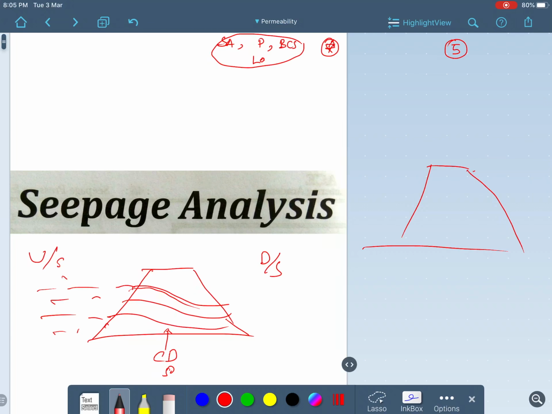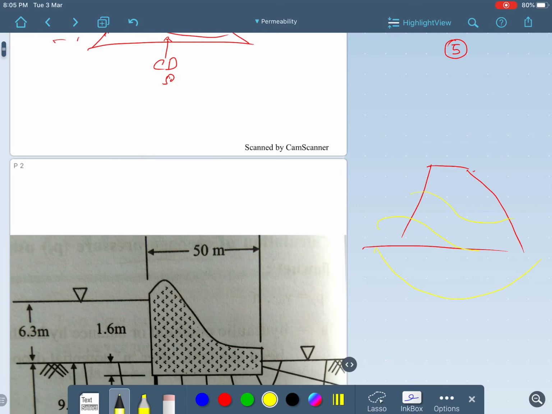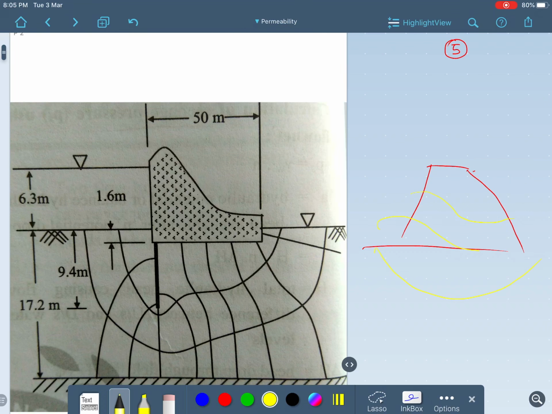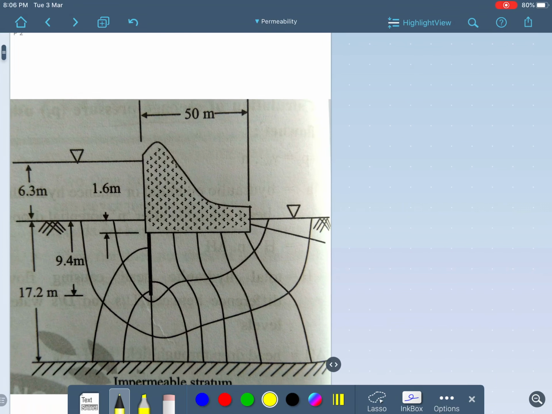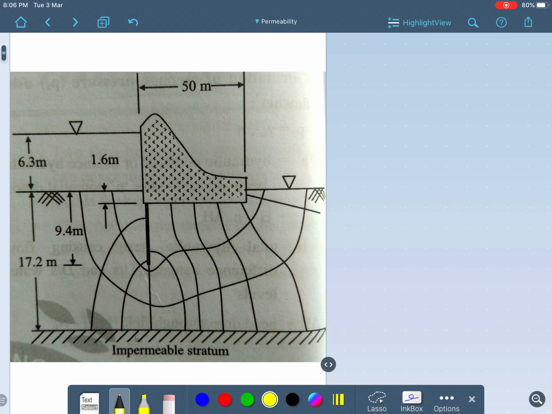That is the reason we need to know the seepage which takes place in the dam, what the points, types and boundary conditions are. Let us study one by one. First of all, let us study the dam structure and what types of seepage take place.